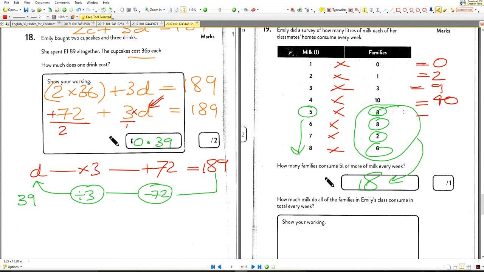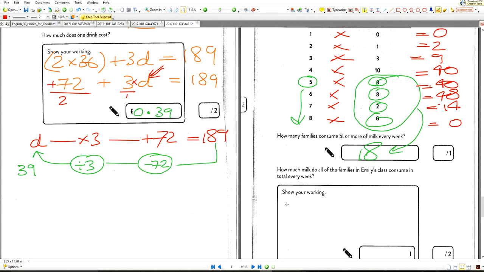Then 5 times 8, that is also 40. 6 times 8 is 48. 7 times 2 is 14. And 8 times 0 is 0.